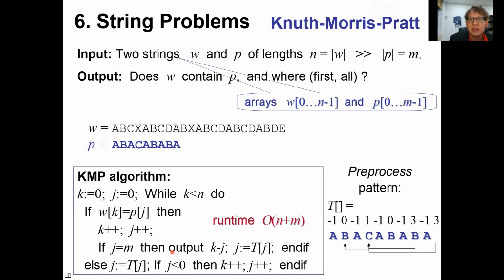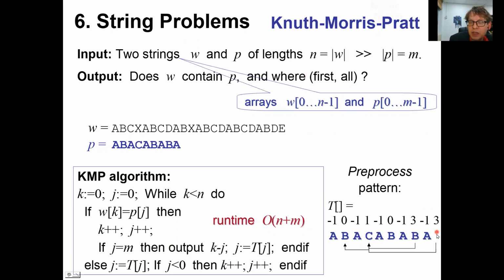Okay, that's our first example string problem and its improved efficient solution using Knuth-Morris-Pratt. And observe that it solves actually all three variants of the specification: the decision problem, does the string contain, the first occurrence problem, and even the all occurrences problem.